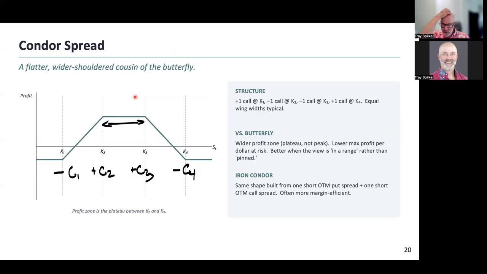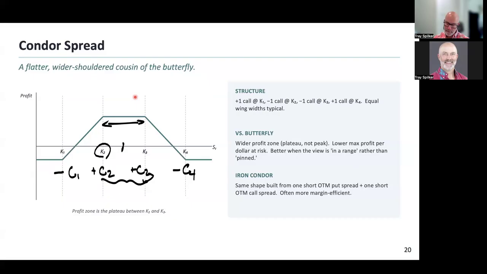So this is very similar in construct. The only difference is instead of shorting two options at a middle strike price, we short two different ones in the middle, at different strike prices. The earnings we get from the higher strike price, K3, is going to be smaller than had we picked one in the middle here. But conversely, the one at K2 here will have a higher call premium.